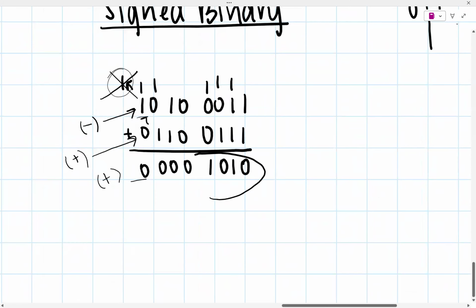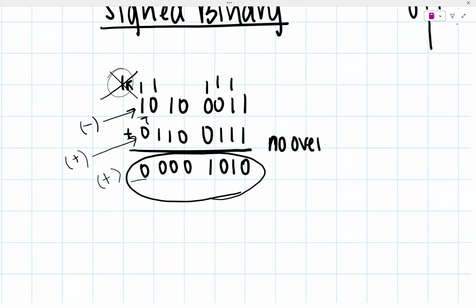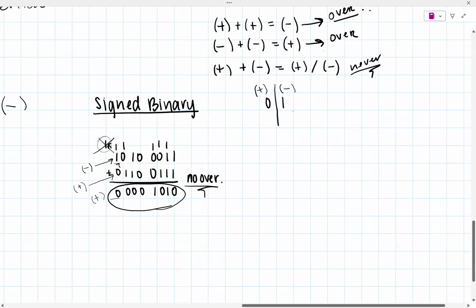So the answer to this problem is 0, 0, 0, 0, 1, 0, 1, 0. But there is no overflow, right? Even though we had that bit, there's still no overflow because we have a negative and a positive number, meaning there will never be overflow.